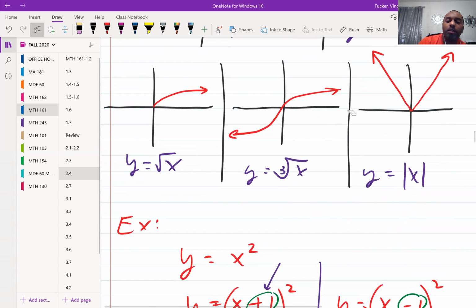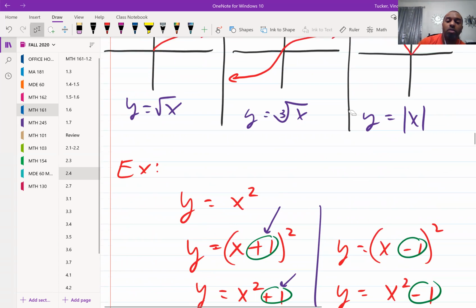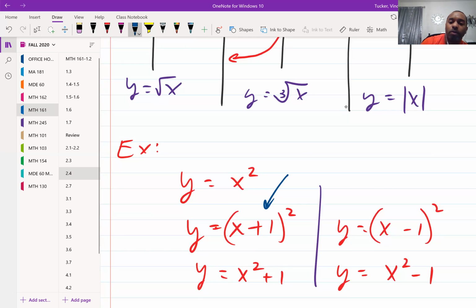And so what happens in this section is they talk about transformations, how adding one or subtracting one inside of the parentheses matters. Let me erase this so we can see it. So adding one inside of your square versus adding one on the outside of your square, what that means versus subtracting one on the inside of your square, subtracting one on the outside of your square.